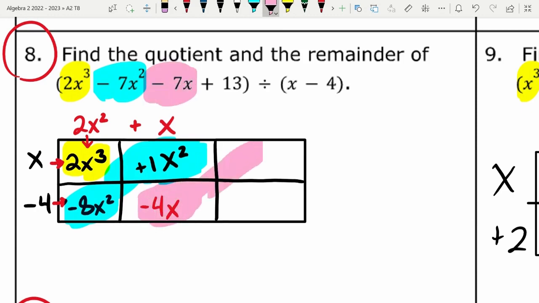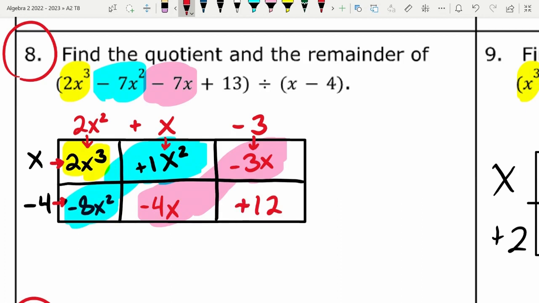That means that in this diagonal, we need to put a negative 3x. Because these will combine to give us the negative 7x that we want. Which means that this has to be a negative 3, because negative 3 times x gives us the negative 3x. And negative 3 times negative 4 would be negative 12.